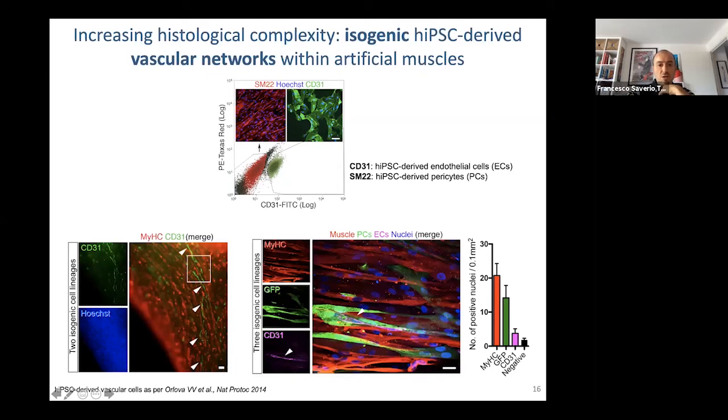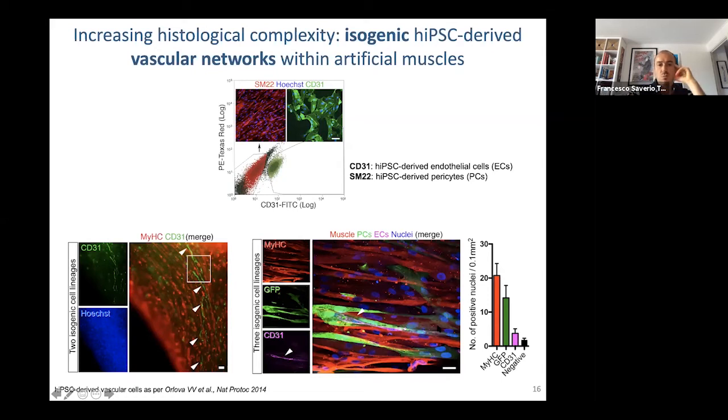We combined them with isogenic myofibers in vivo, and this is what we got. You can see the blood vessel cells growing next to the myofibers here, and also the pericytes highlighted here with a GFP mark next to endothelial cells and next to the myofibers.